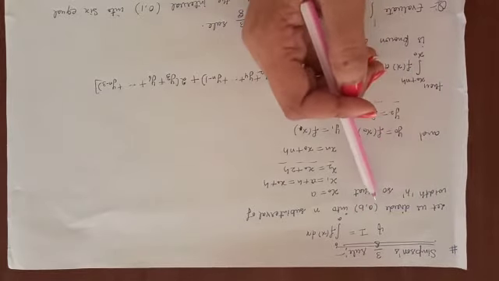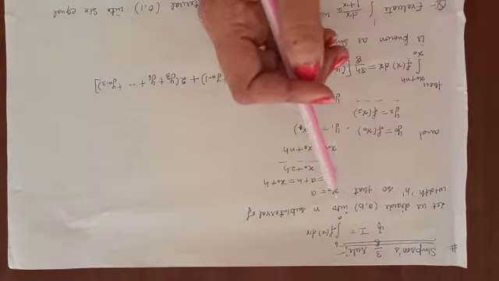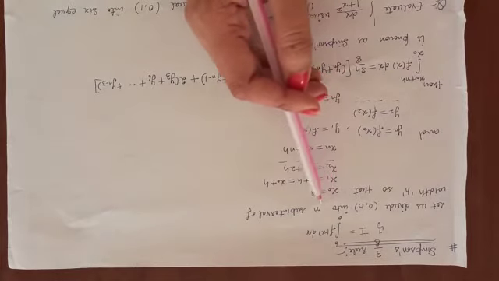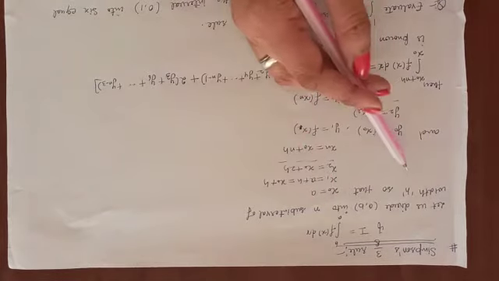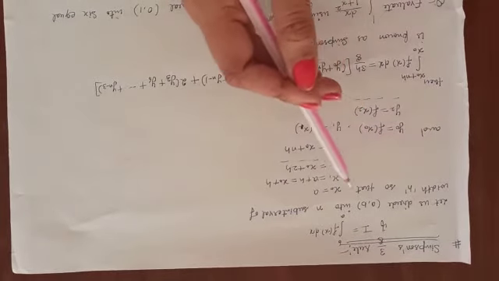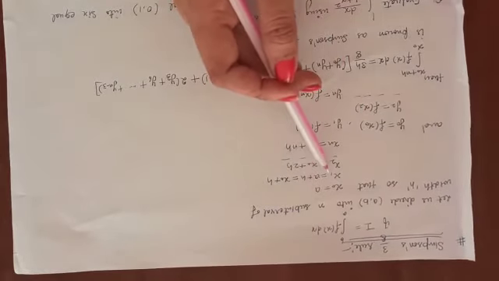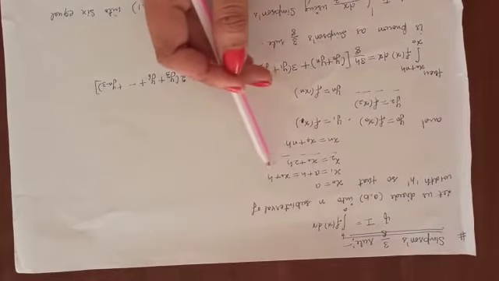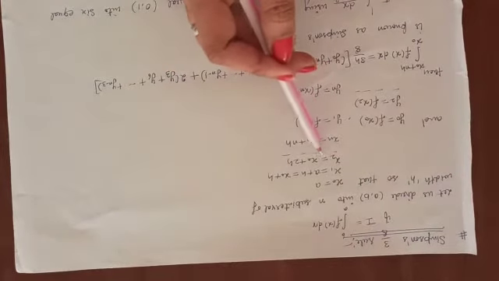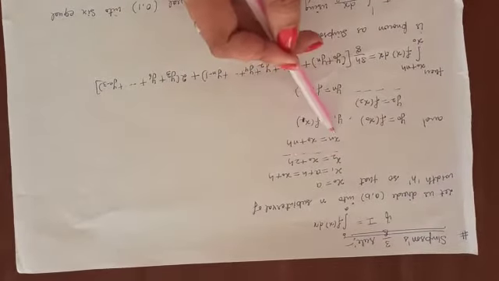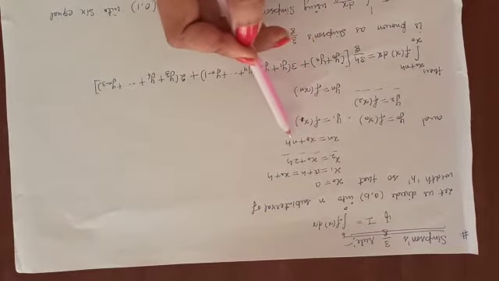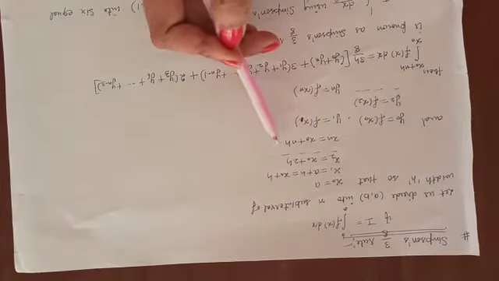We divide the given interval a comma b into n subintervals of width small h, so that x naught is equal to a, x1 is equal to x naught plus h, x2 is equal to x naught plus 2h, and so on, up to xn is equal to x naught plus nh.